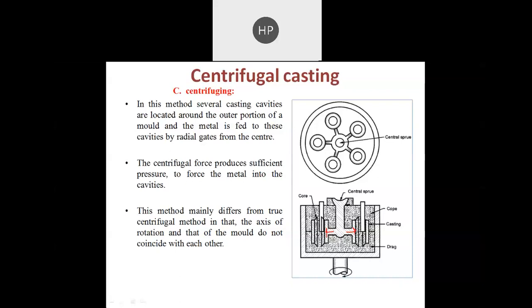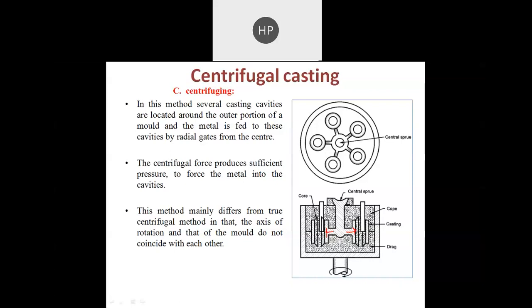This centrifuging process is used when we have an irregular shape and irregular size, but generally the size of the product is small as compared to semi centrifugal casting as well as true centrifugal casting.